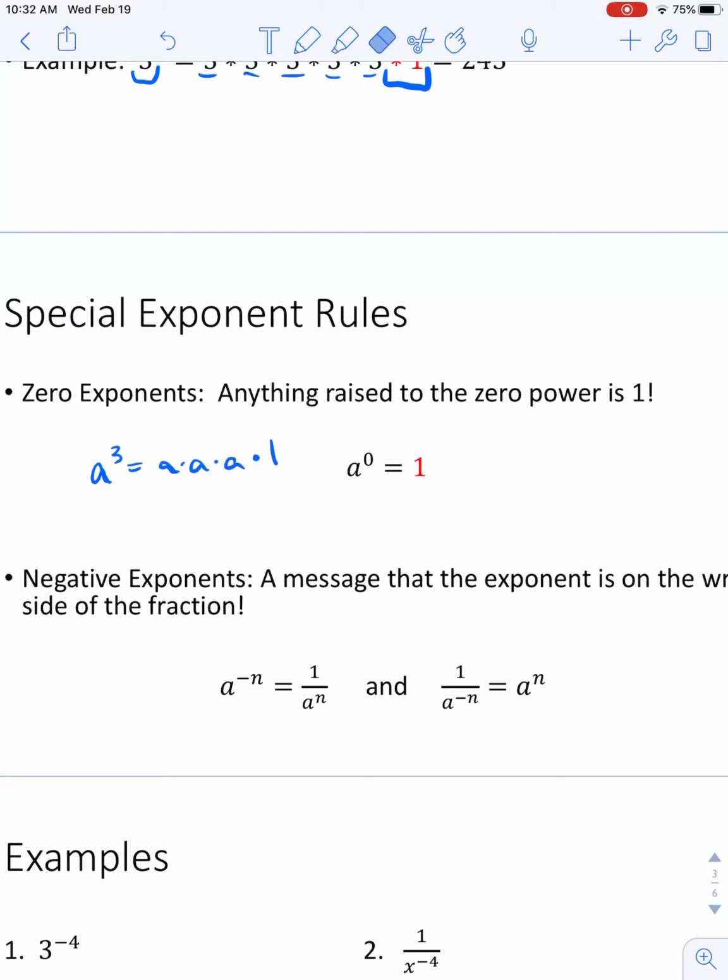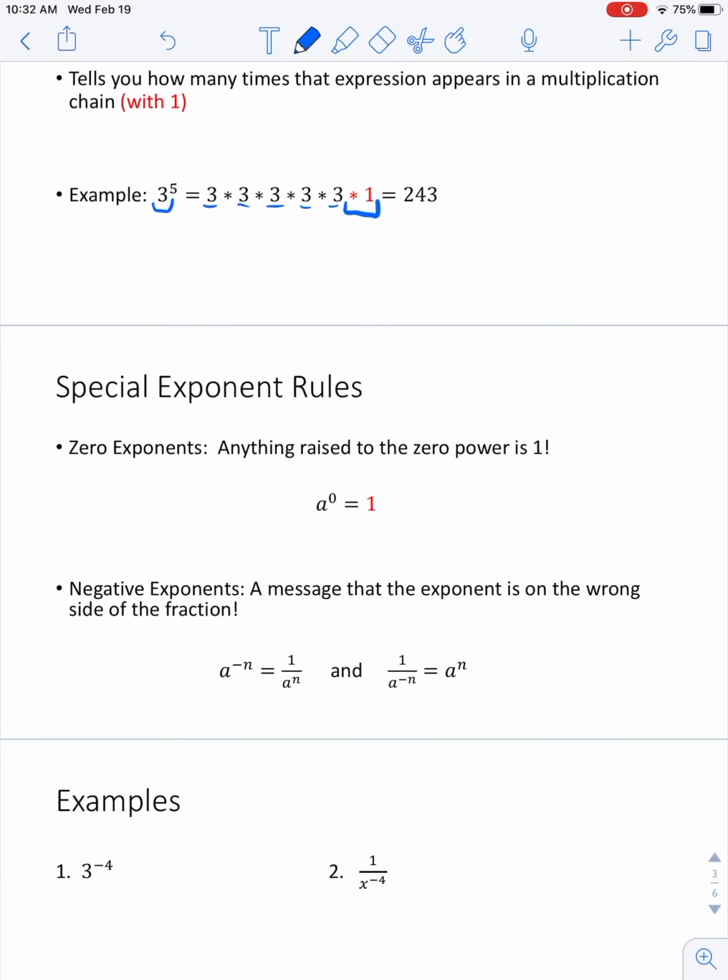But if it's a to the 0, that means no a's, and then just the 1. So we just have 1. And that's true for any base. No matter what the base is, we're going to get 1 if we raise it to the 0 power. So that's an important rule to know, because it's a really simple rule. If you see a 0, no matter what's under it, we're just going to call it 1.